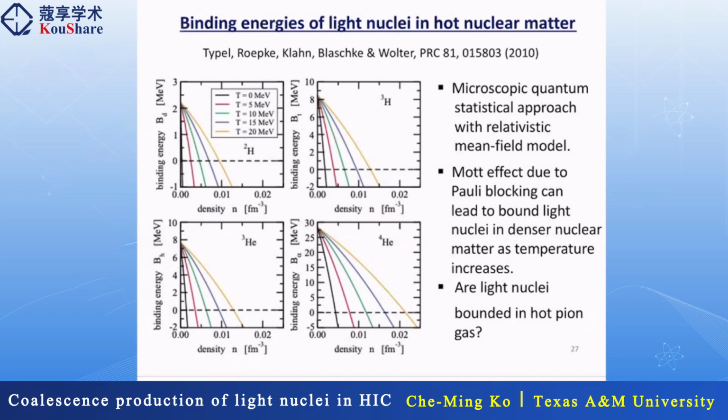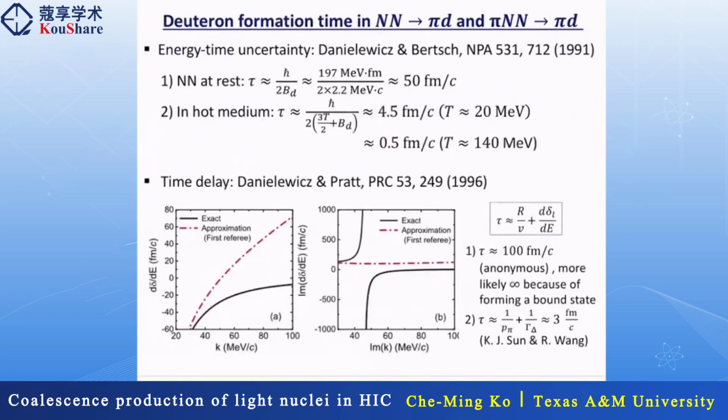So that's an open question. Now, another question is formation time, right? We know two reactions, when NN goes to pi d or pi N goes to pi d, right? Normally in transport, we assume that everything is instantaneous, even an elastic scattering is instantaneous.